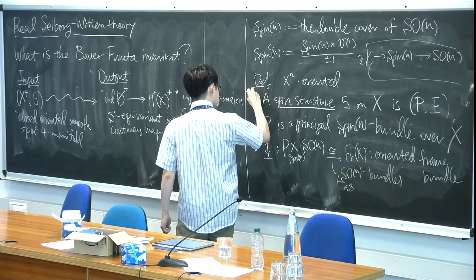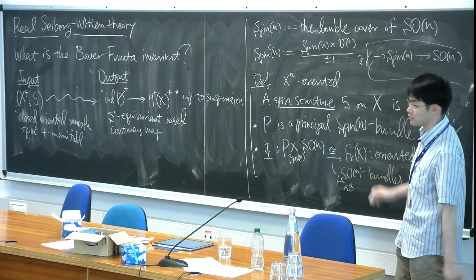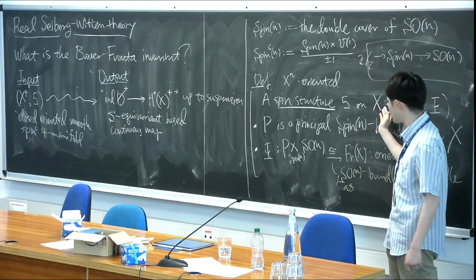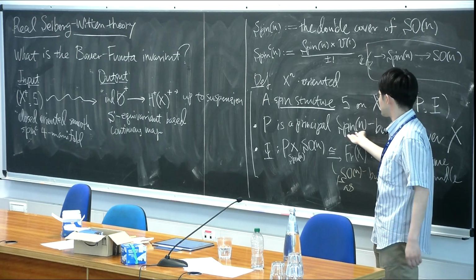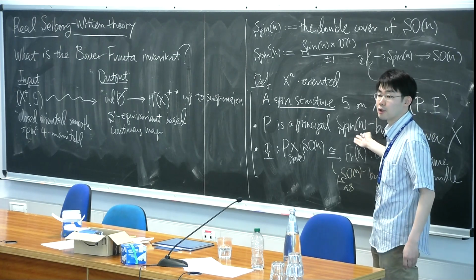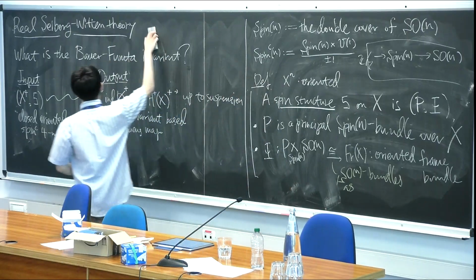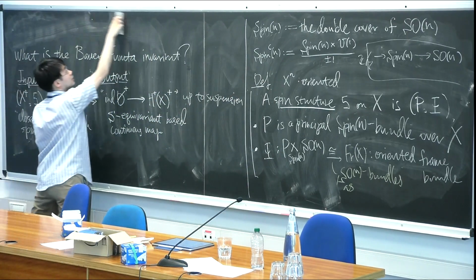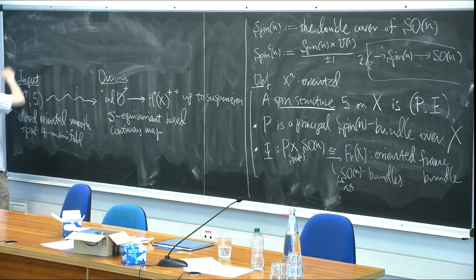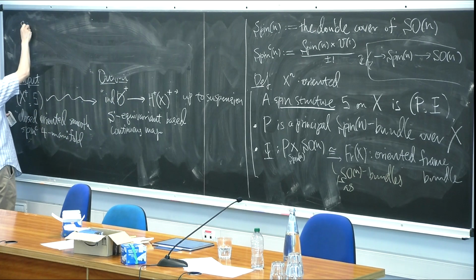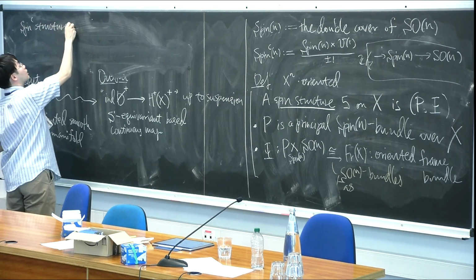Okay, so far so good. It's basically lifting the structure group. Thinking about the oriented frame bundle is basically equipping some orientation on your manifold X. And I'm claiming that this structure of orientation lifts to something higher governed by this Spin(n) group. And the spin-C structure is defined pretty similarly.